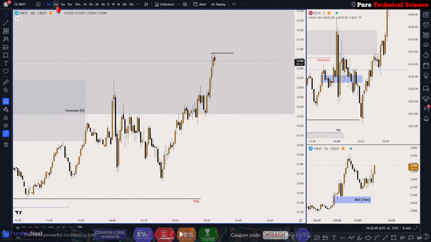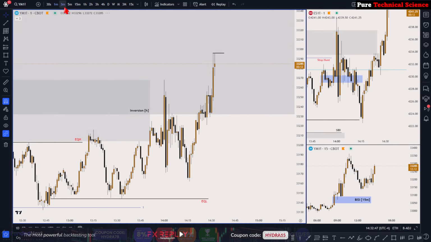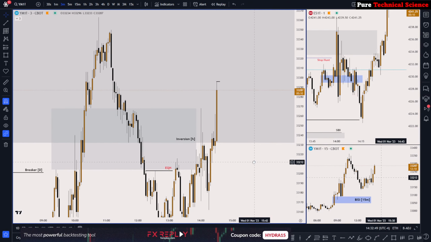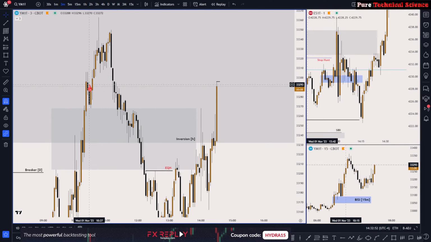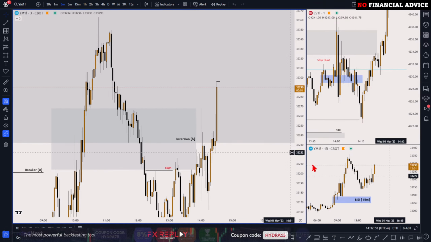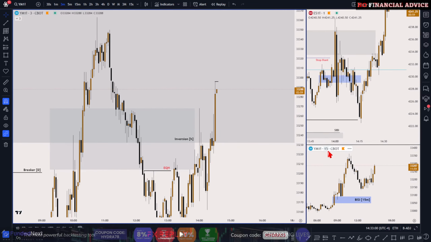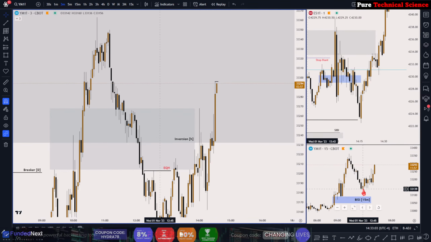We do have breakers on the 30-second, 1 minute, and 3 minute chart. We also have this breaker here alongside this inversion. So let's see where price stops. Look at the 50-minute chart on Dow and look at the lows here. What is this? Retail stops.